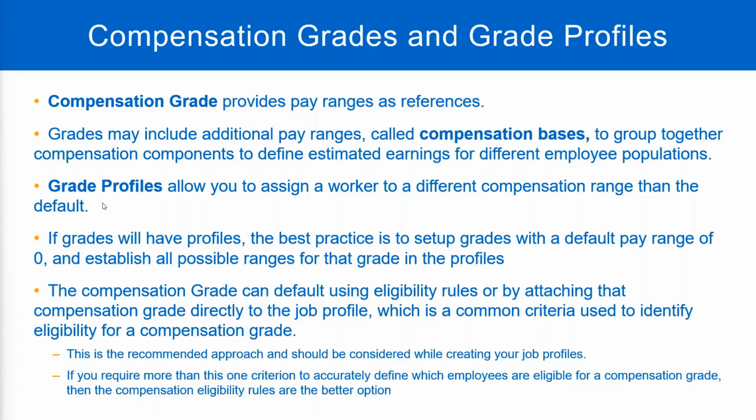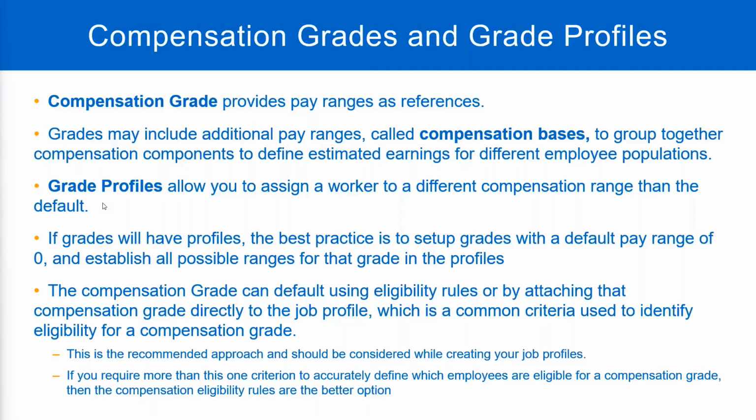Now comes the question: how would you assign this compensation grade to the workers, to the employees that you are going to hire? So what are the two different ways? Anybody? Can you try? What are the two different ways of assigning a grade to the workers?